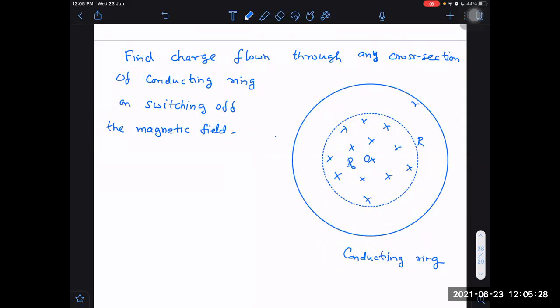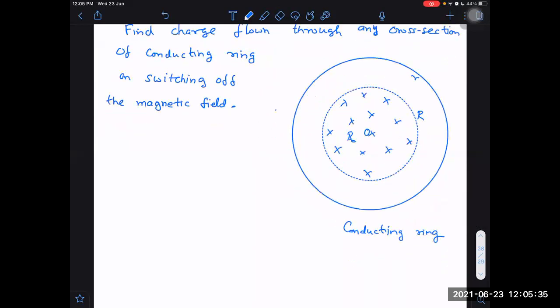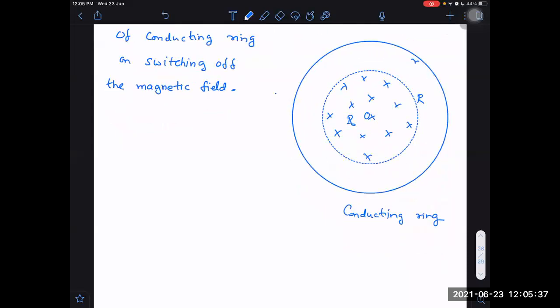So what will be the charge flown? Tell me. Sir, do we need resistance? Do you need resistance for this? Not given although. But if you need it, you assume it. No, I think I need to give. Sorry, what am I doing? Really, I need to give you resistance. Wait, I have to change the data slightly now.